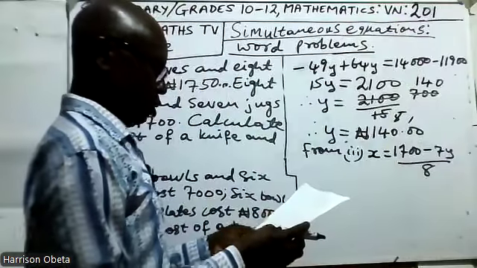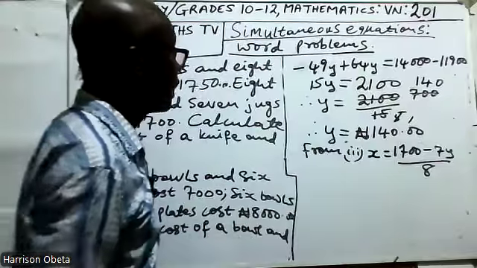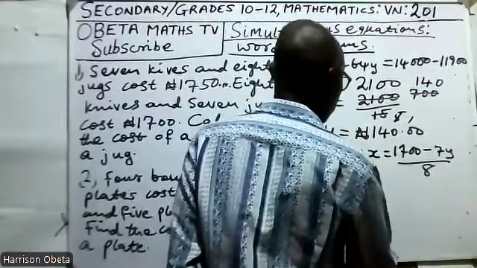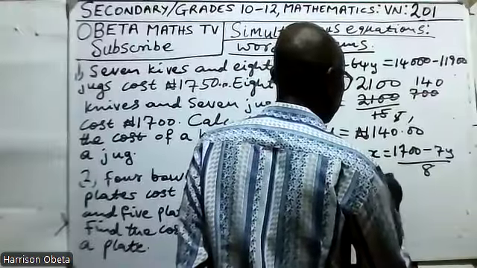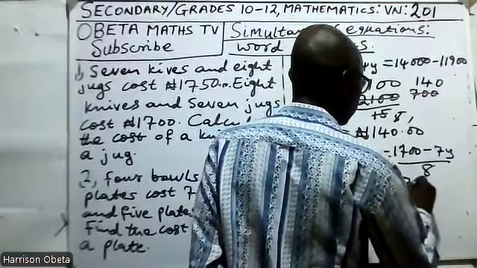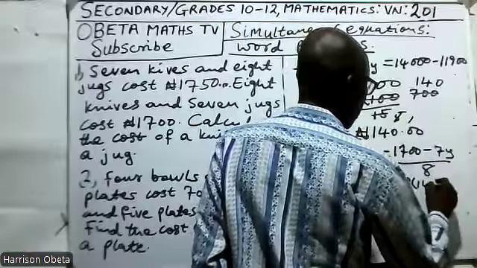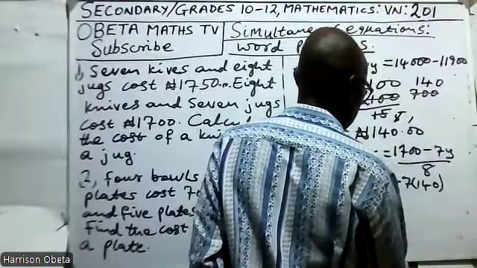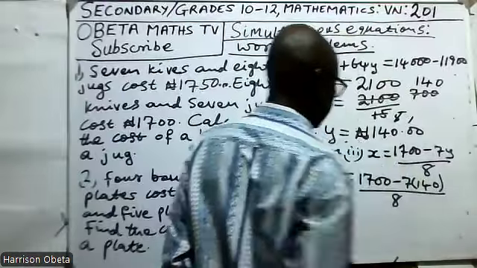So you substitute and then find the value of x. This will give us 1700 minus 7 bracket 140 all over 8.